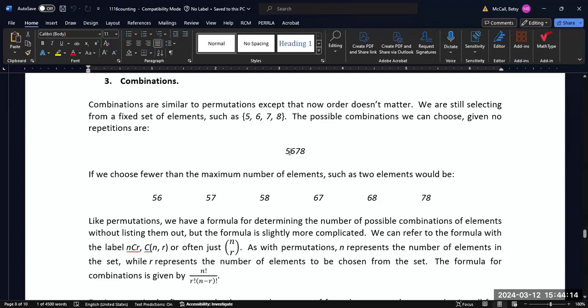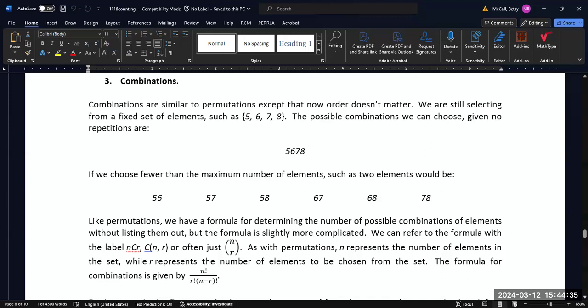And so if we're choosing all 4 of them, we just have this one thing. But if we choose fewer of the maximum elements, then we do get several choices. So if we take only 2 of them, and again, if order doesn't matter, then we have 6 possible outcomes.